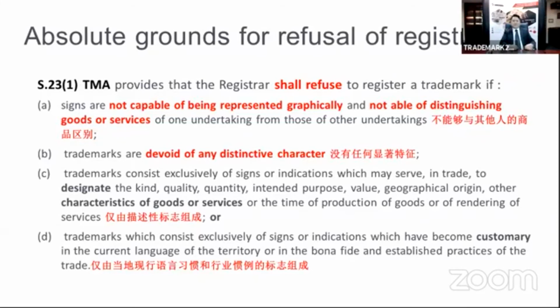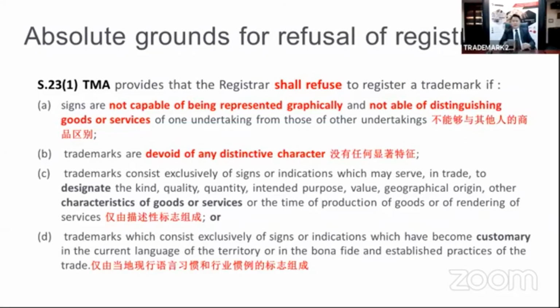Sorry, is ramen from China? No, ramen is from Japan. Anyway, can I register Kajang Satay? The answer is no. First, Kajang is a geographical name. You're describing the geographical origin, and satay is basically the product, the character of the product itself.